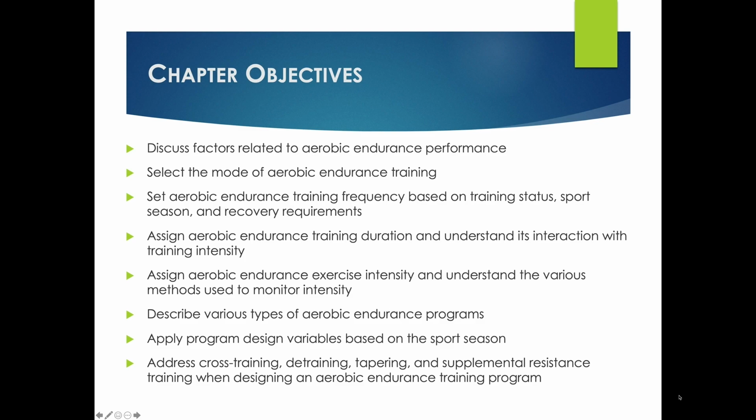Within this chapter, we'll be looking at factors that relate to aerobic endurance performance, the mode of aerobic endurance training, aerobic endurance training frequency based on training status, sports season, and recovery requirements, assigning aerobic endurance training duration, understanding interaction with training intensity, aerobic endurance exercise intensity, and understanding the various methods used to monitor intensity, describing various types of aerobic endurance programs, applying program design variables based on the sport, and addressing cross-training, detraining, tapering, and supplemental resistance training when designing an aerobic endurance training program.